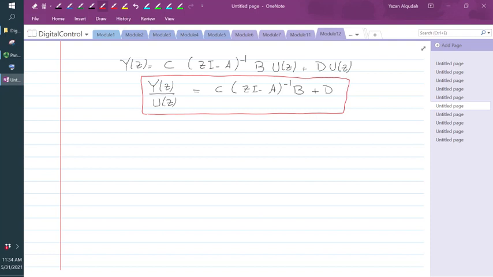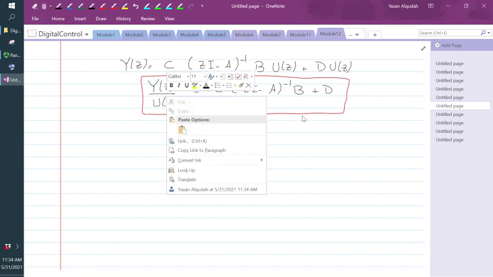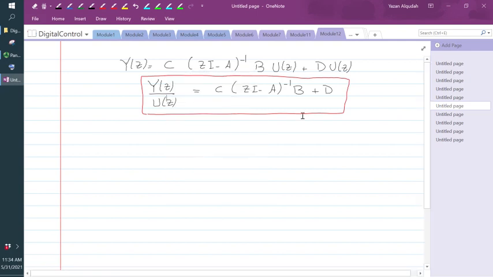Next, we're going to look at the solution of the discrete time state space equations. Now I just want to point out, whatever we do not cover in examples, we'll cover in homework.